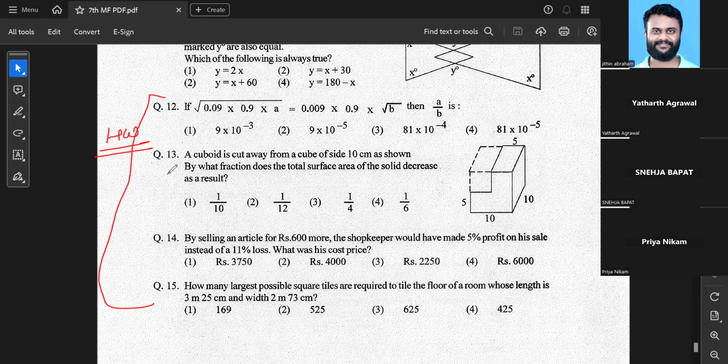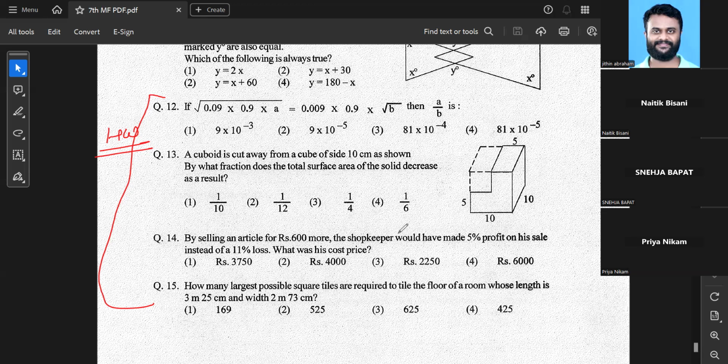Sir, which are the next two papers? 2021 and 22 will be the next two papers. Sir, 2021 paper and 22, right? But 22 is solved, no? Yes, sir. 22 is solved. But we don't have 2020. Oh sorry, 2020 is also there. 20 and 21, my bad.